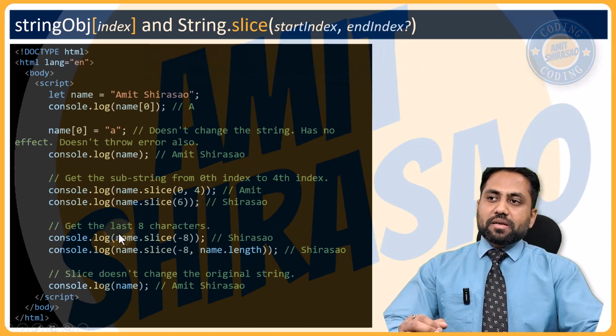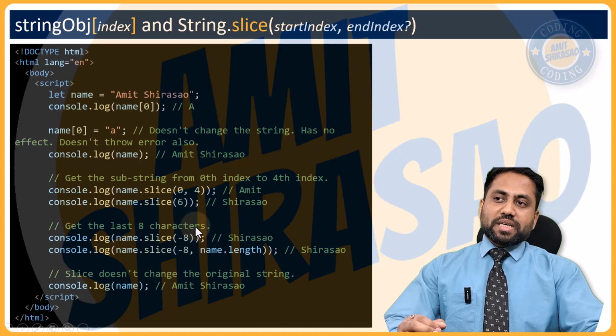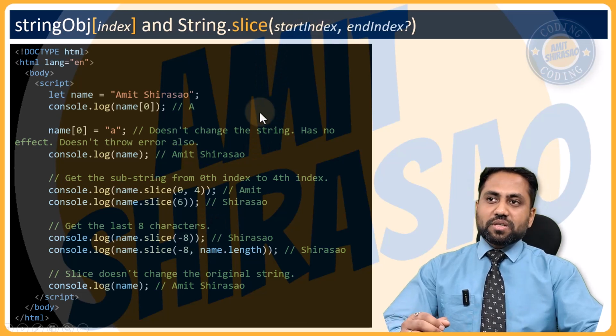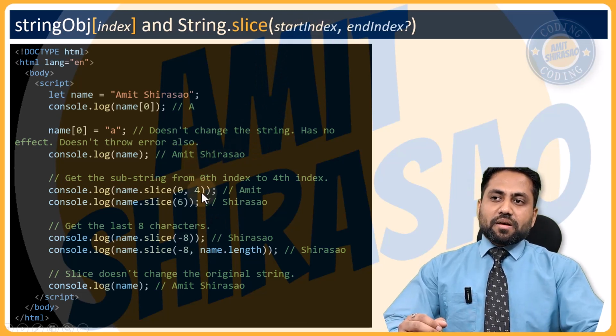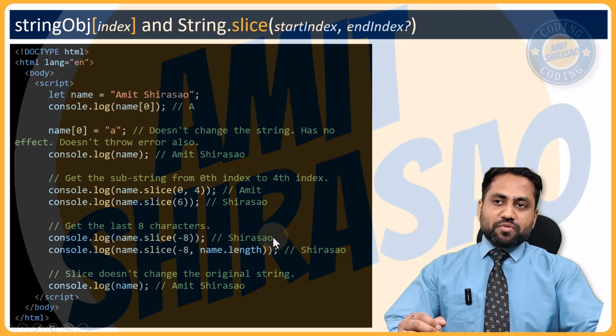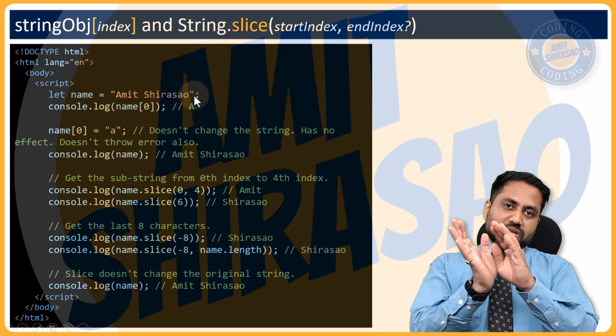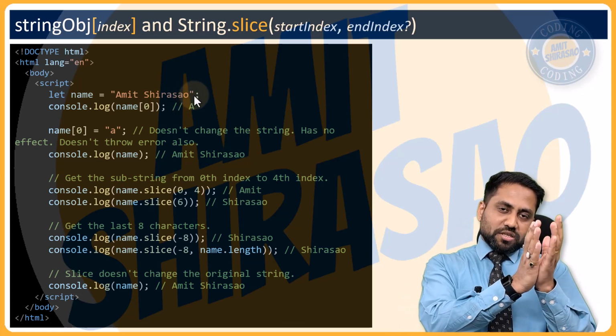Okay. Then get the first 8 characters. So here, get the last 8 characters. If you give a negative number in the case of the start index, then it will start from the right-hand side, and whatever is after O is 0 for it.